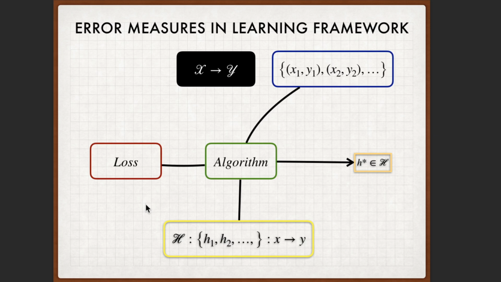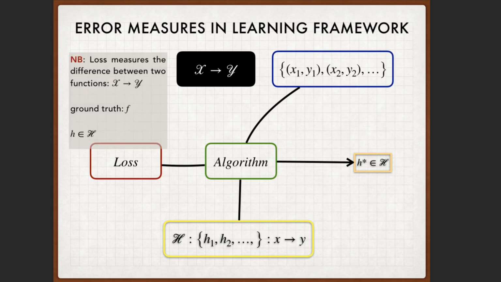Now in this lecture, we will give this part a little bit more consideration, which will help us to reveal more aspects about the entire random process of machine learning. Machine learning is a random process.